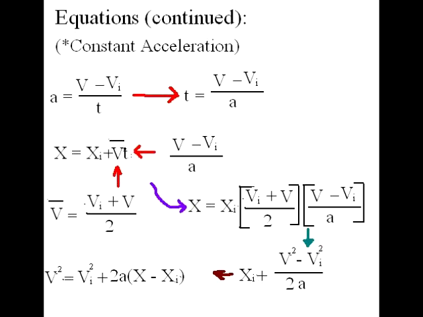The final equation, it being the trickiest, I dedicated a whole slide to. First, you start off with acceleration equals velocity minus velocity initial divided by time. You then change that to time equals v minus v initial divided by a, or time equals velocity final minus velocity initial divided by acceleration.